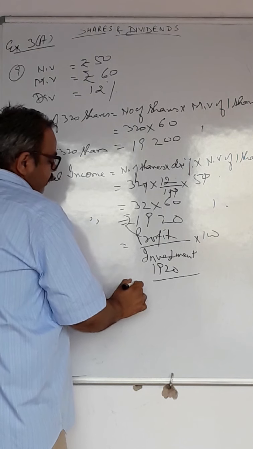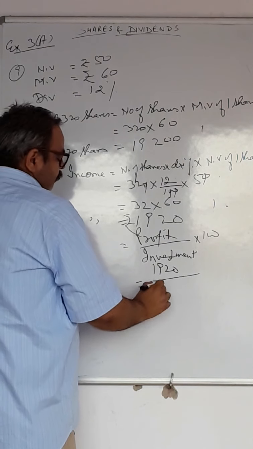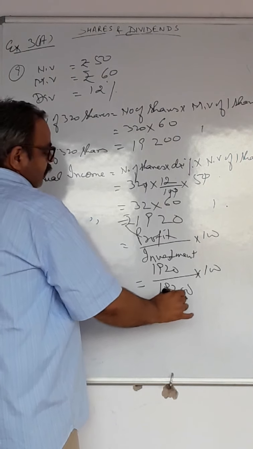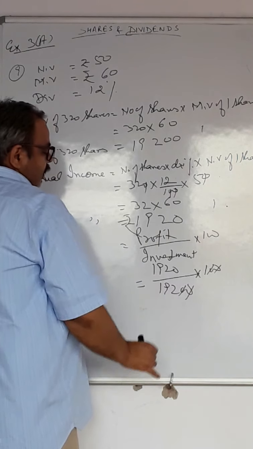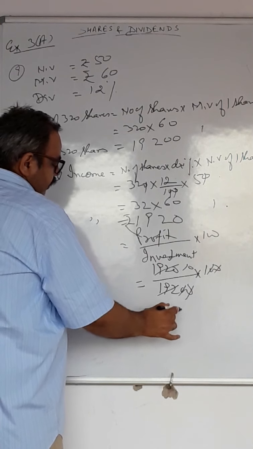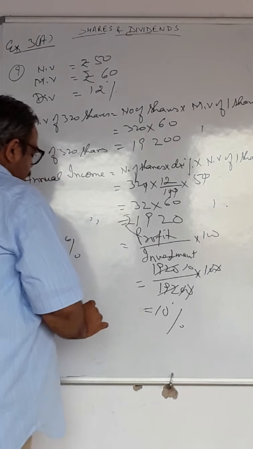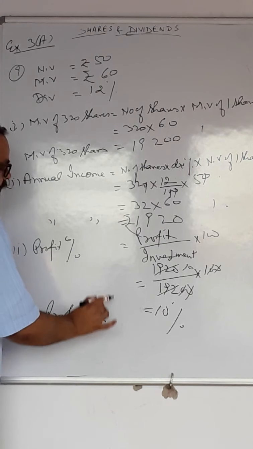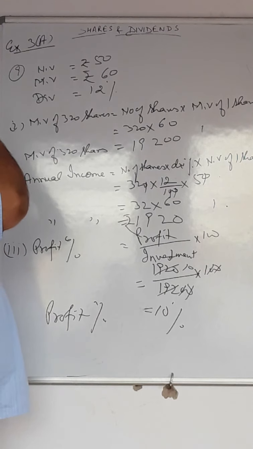Investment 19200 into 100. 00 cancel, 192 10 times, 10%. So profit percentage, third part, check 10%.